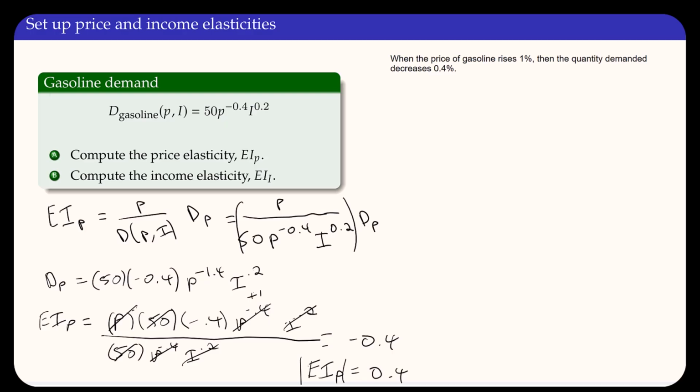Let's complete part B. So that was A. And now B, we can do the same thing. Compute the income elasticity. So we're going to write income in the numerator, write the entire function in the denominator.